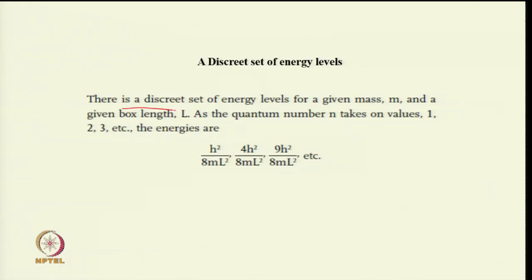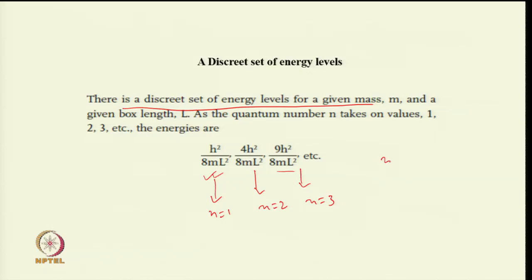So, there is a discrete set of energy levels for a given mass m and given box length L. n can take values 1, 2, 3, and so the energy is h square by 8 mL square, 4 h square by 8 mL square, 9 h square by 8 mL square. This is when n is equal to 1, n is equal to 2, and n is equal to 3.